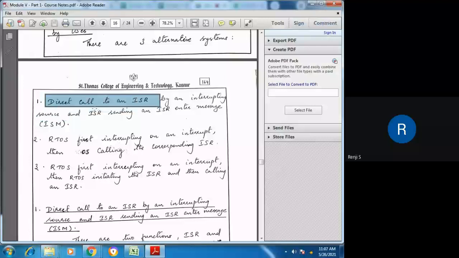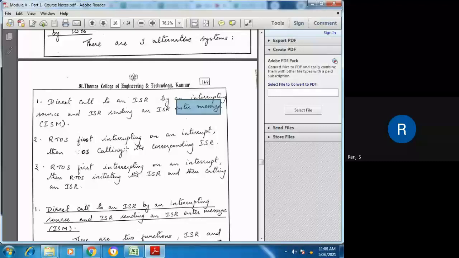And the ISR, before starting its execution, will send an enter message to the operating system to inform it that it has started operating, so that the operating system will stop the current execution. That message sent to the operating system is called the interrupt service message.